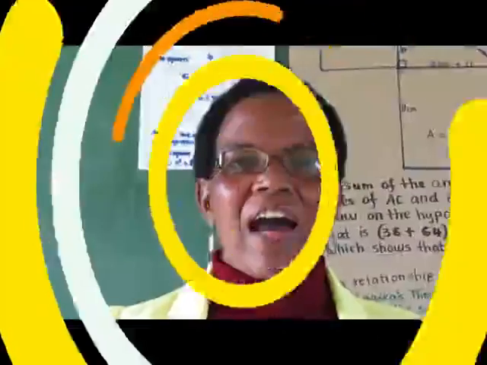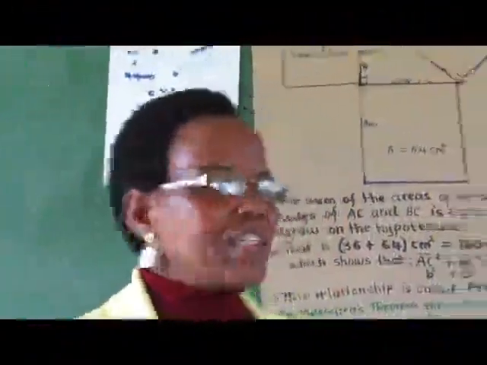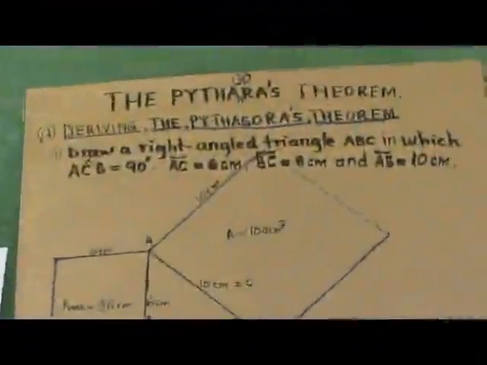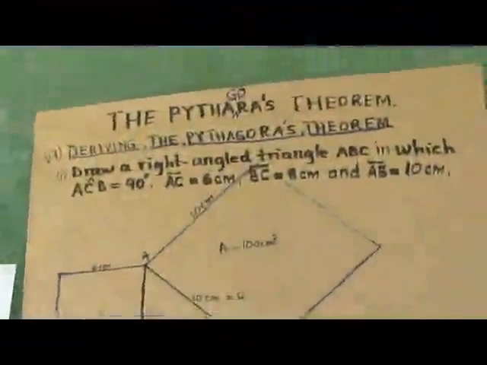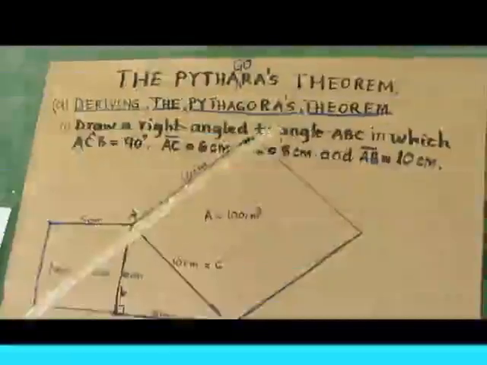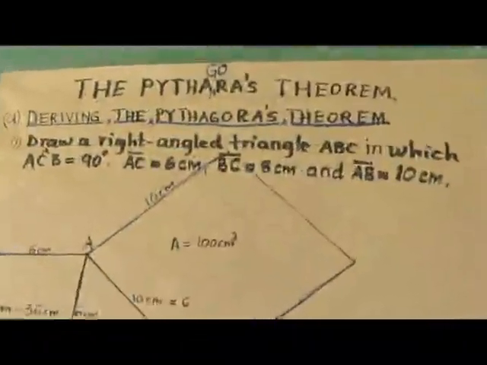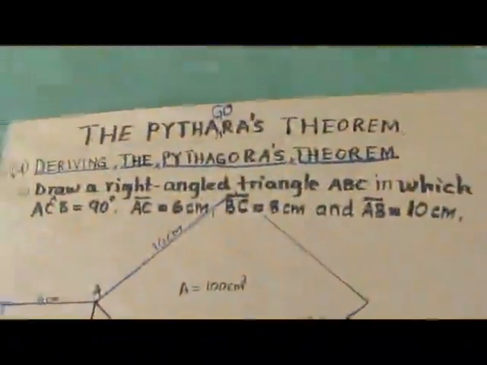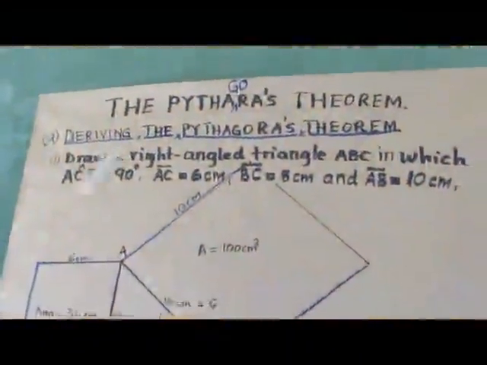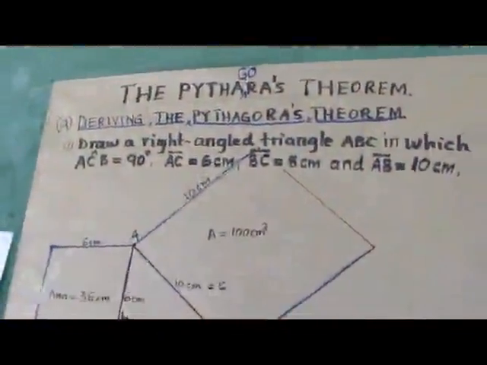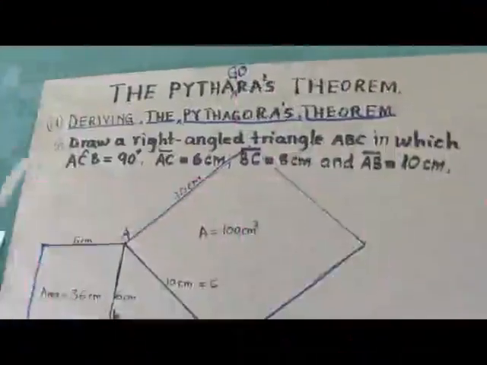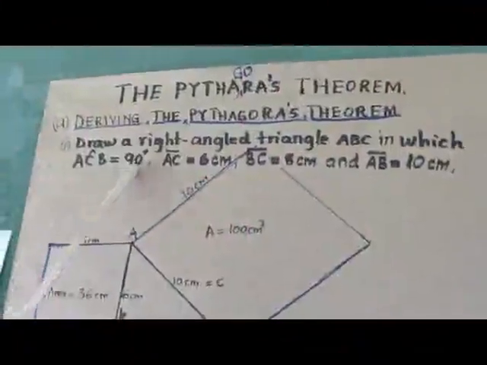Good. Now, let us come to our discussion. The first step to derive the Pythagoras theorem is: 1. Draw a right-angled triangle ABC in which angle ACB is equal to 90 degrees.